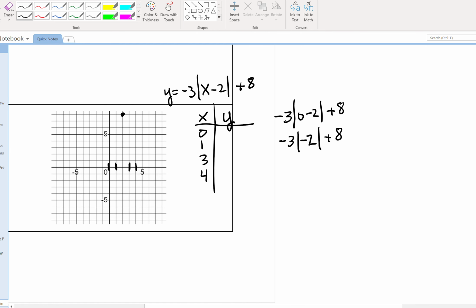Now, if I take the absolute value of that -2, I'm going to write -3, changing to parentheses because absolute value of -2 is +2, plus 8. So then I've got -6 plus 8, and that would give me 2. So at 0, I'm at 2.